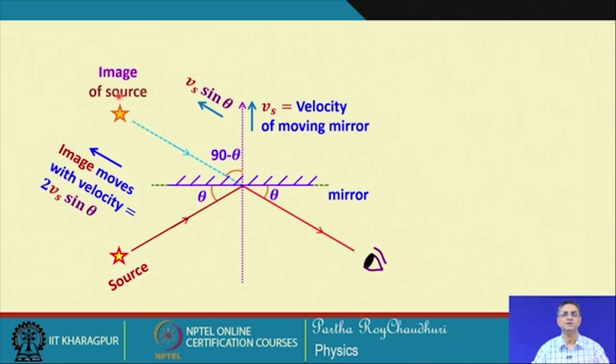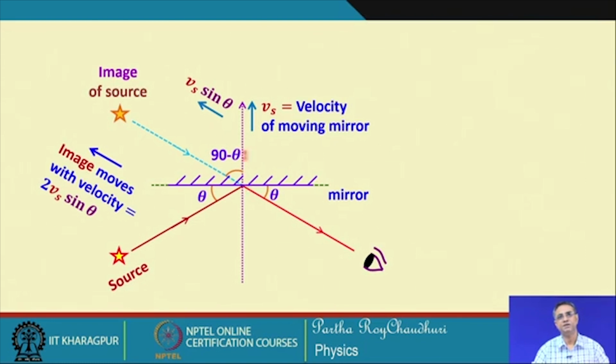which is a very beautiful consequence. You have this moving mirror in this direction, and this is the source; this is an equivalent figure for this. You have a mirror and the source is here, it is getting reflected from here, and the observer here will see that the light is appearing to come from this side.